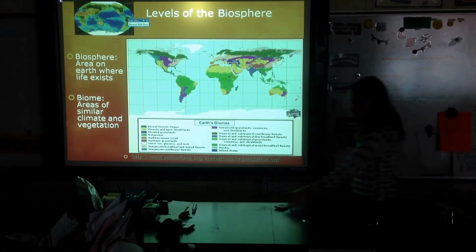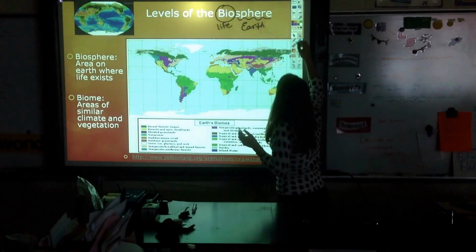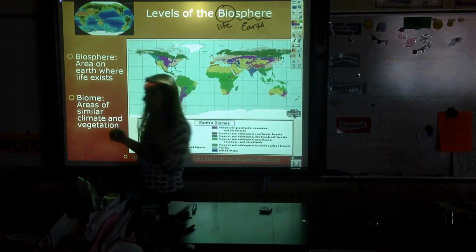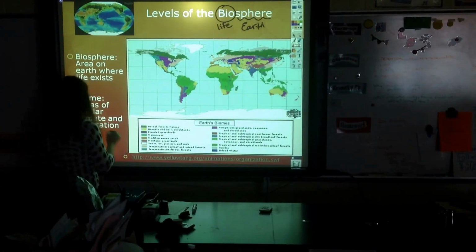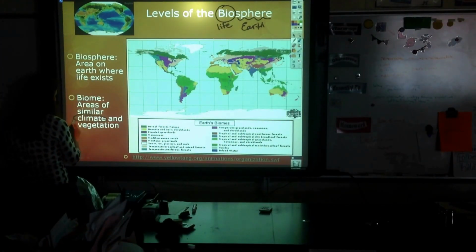And so when we talk about climate, we don't just mean weather of one day, we mean the overall weather patterns. But when we talk about climate, we include things like temperature and rainfall.